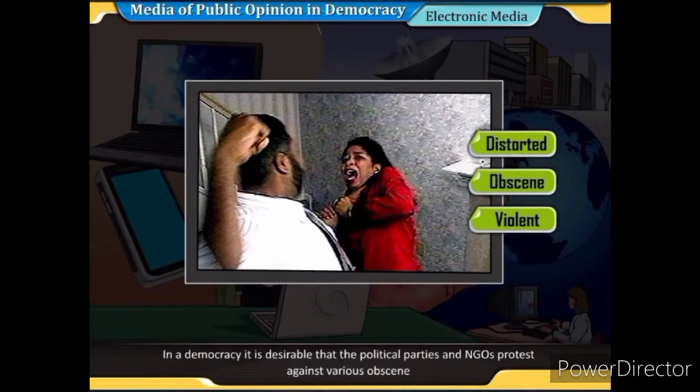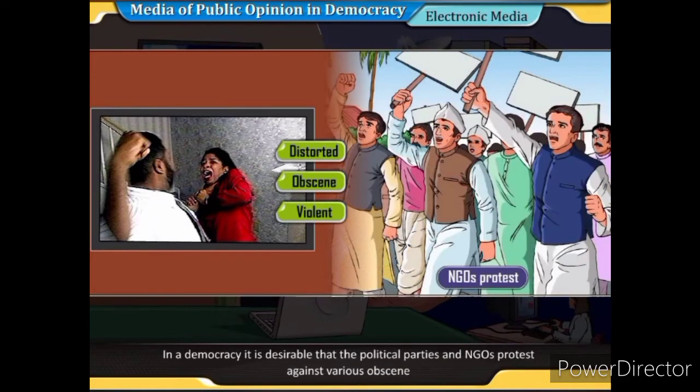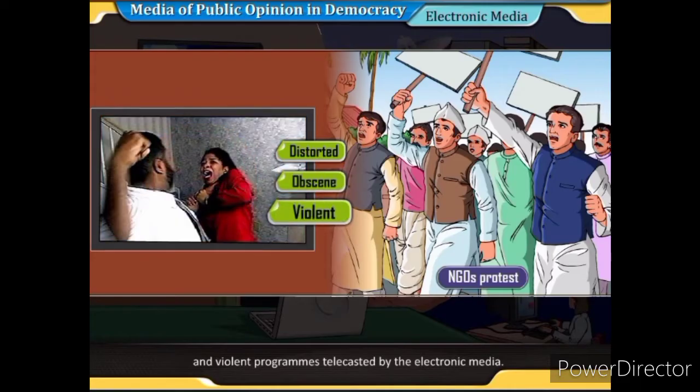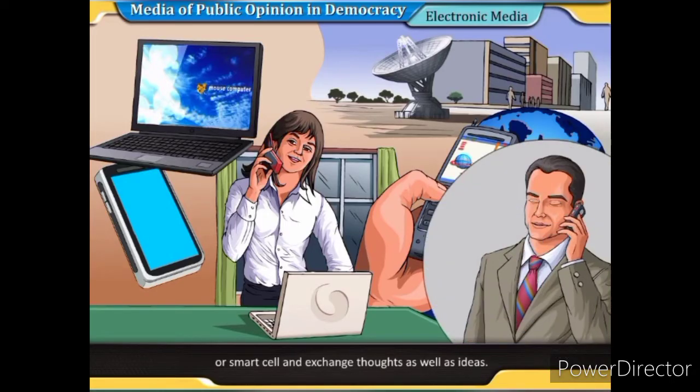In a democracy, it is desirable that the political parties and NGOs protest against various obscene and violent programs telecasted by the electronic media. Today, in the fast-moving age of technology, people can stay in constant touch with each other through the medium of internet or smart cell and exchange thoughts as well as ideas.